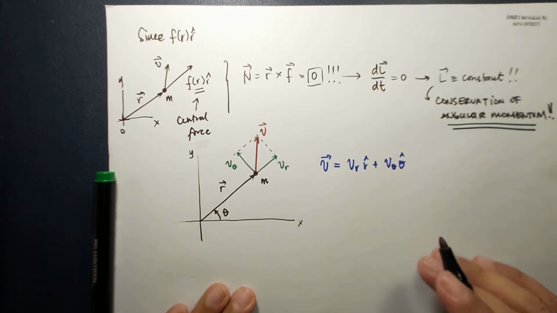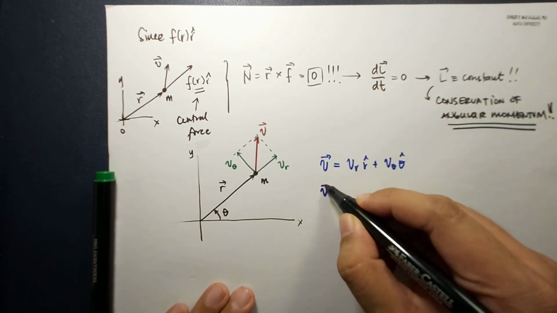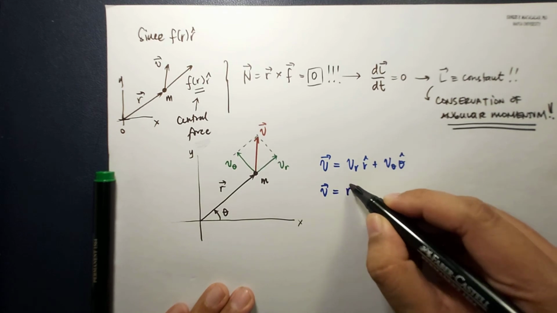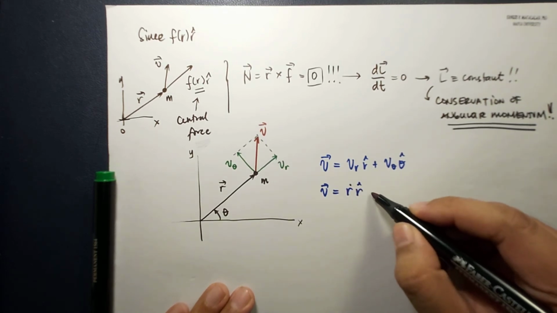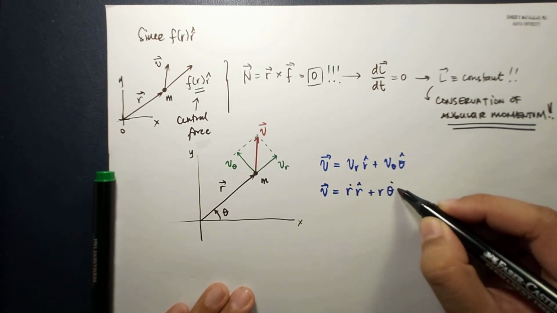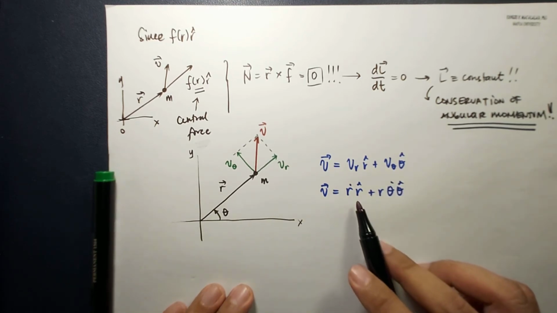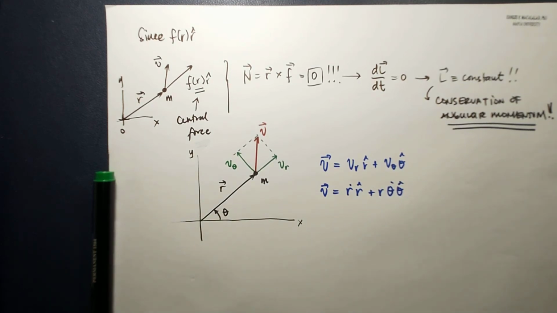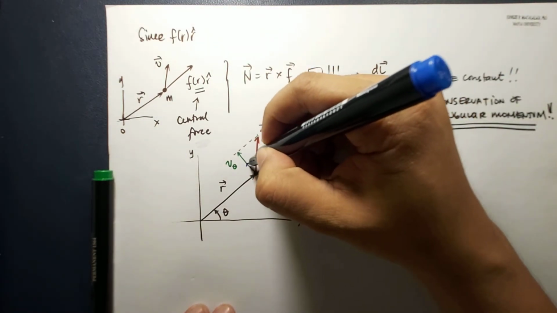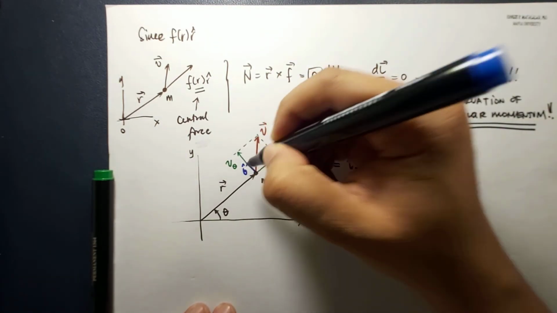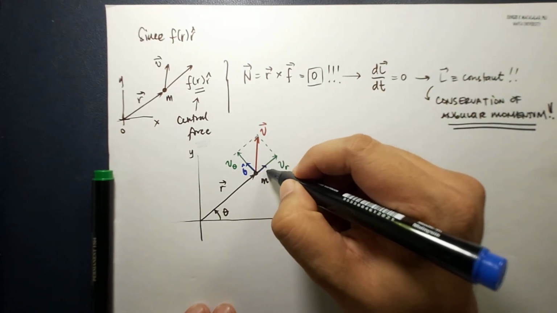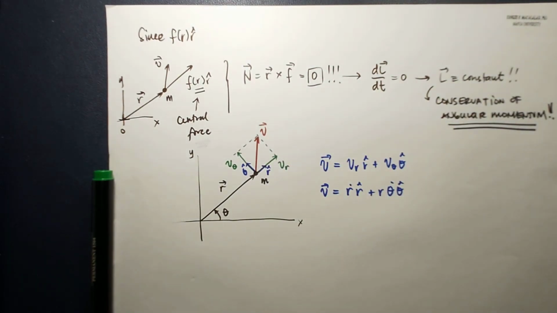And from your vector calculus, this is actually equal to r dot r hat plus r theta dot theta hat, where r hat is the radial unit vector and theta hat is the transverse unit vector. In this case, this is theta hat and this is r hat.